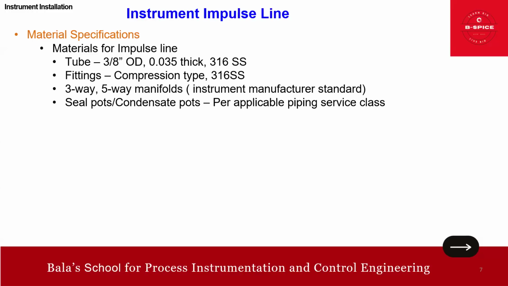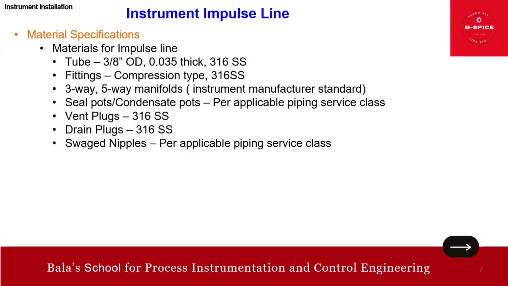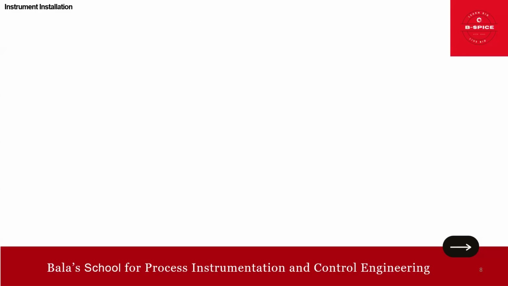Standard is used. Seal pot, condensate pot as per the piping service class, and vent plug should be SS, drain also should be SS, swage nipples as per piping service class. Then threaded flange, again piping service class. So this is about the material specification.